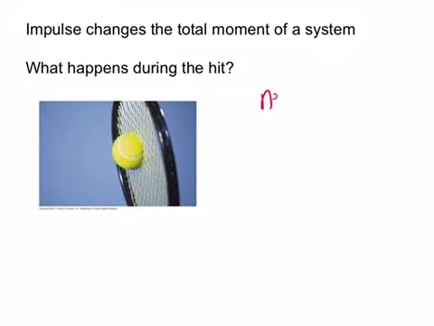We can write Newton's second law here as the net force is equal to the mass of the tennis ball times its acceleration. Now I'm going to open up my acceleration and write it in terms of dv over dt, and that's equal to the net force. Here we're talking about the force on the ball by the racket.